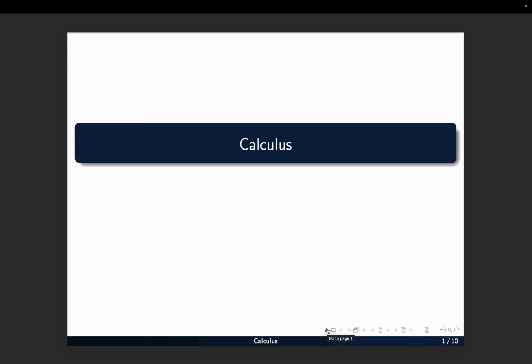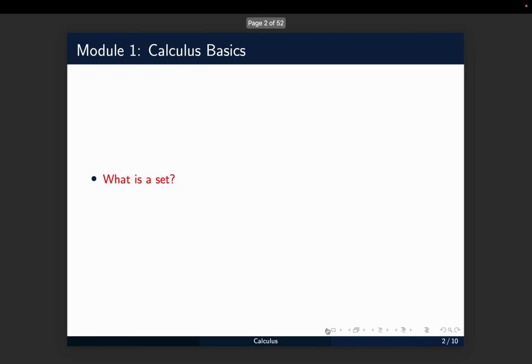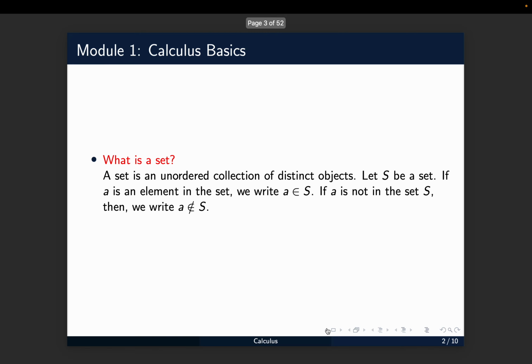So the first question I start with is, what is a set? A set is an unordered collection of distinct objects. Let S be a set. If a is an element in the set, we write this symbol for this notation. If a is not in the set, we write this notation.